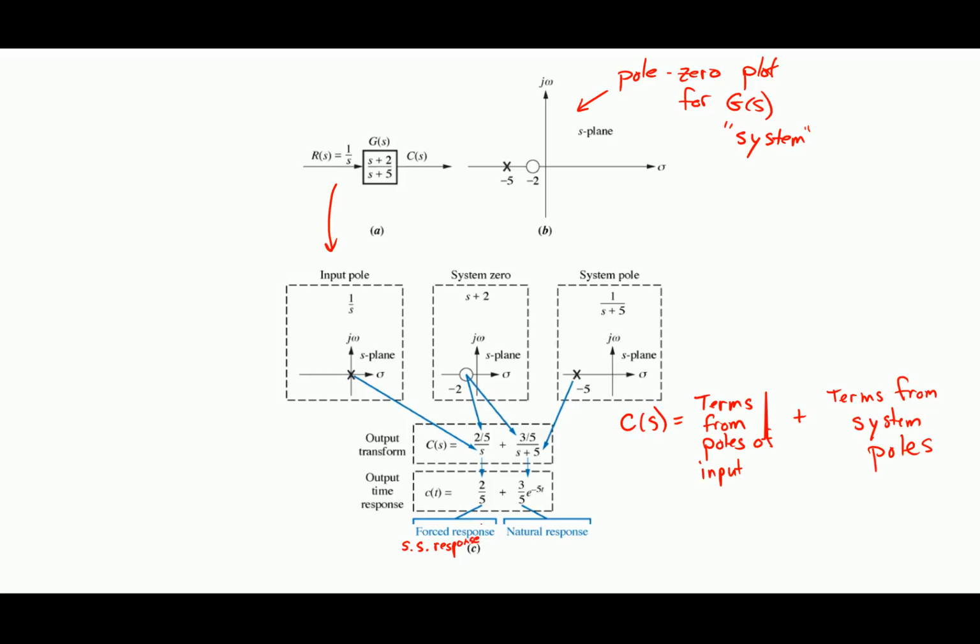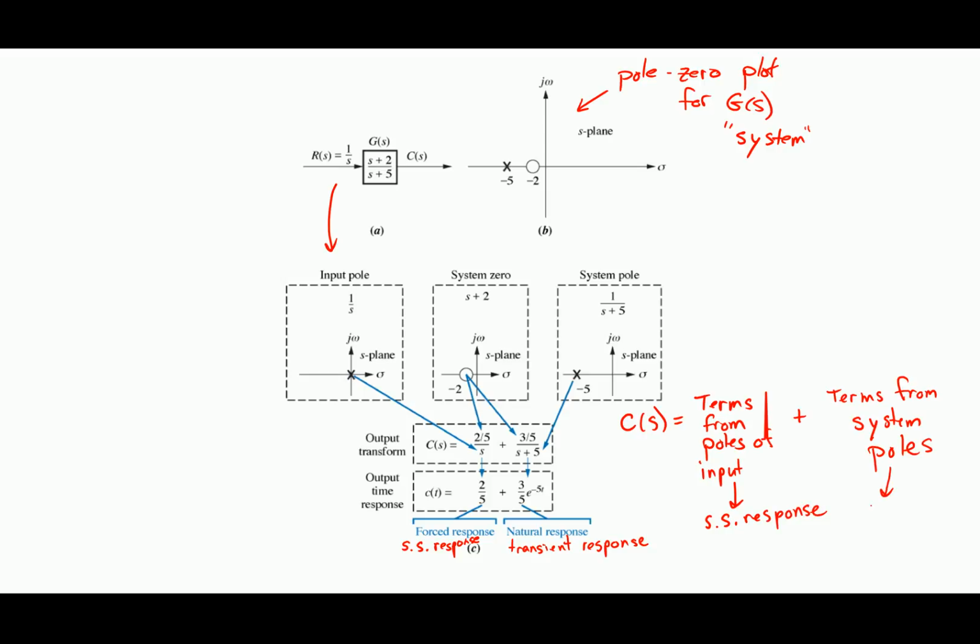The poles of the system give me the natural response, or what I sometimes call the transient response. So poles of the input give me the steady state response, in other words, what happens once the transients are over.